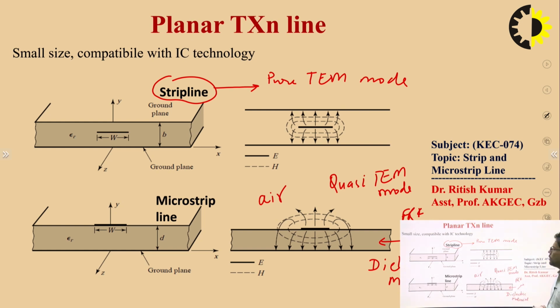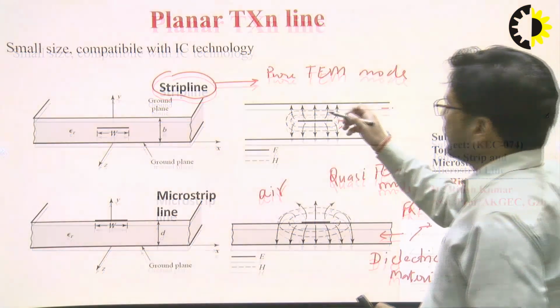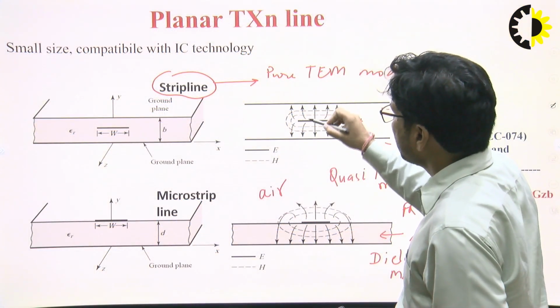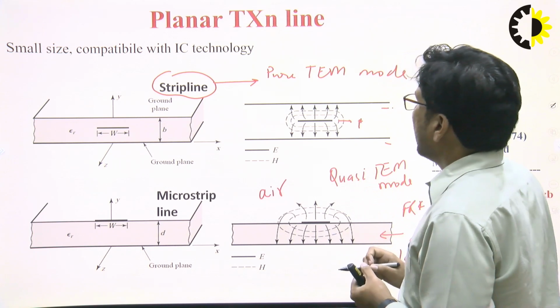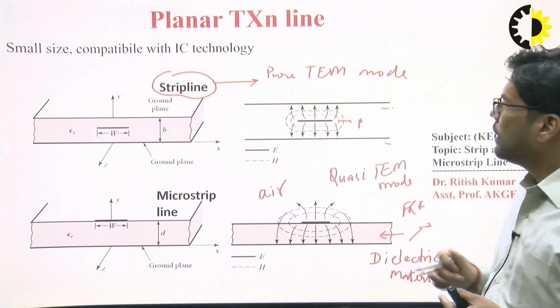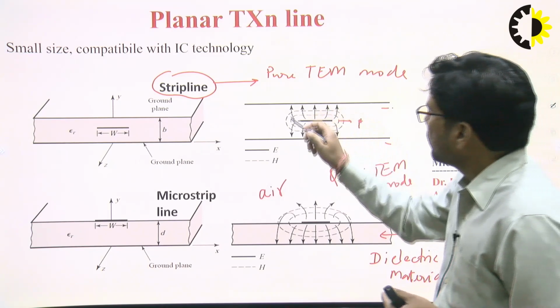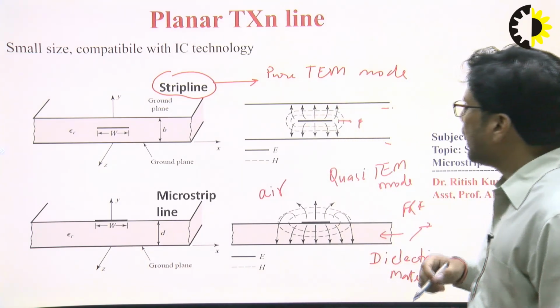If I look at the electric field distribution of the strip line and the microstrip line, here if I treat this conductor as having plus polarity and this one negative polarity, the electric field moves from plus to minus. The electric field has a direction from positive to negative, while the magnetic field surrounds the electric field.